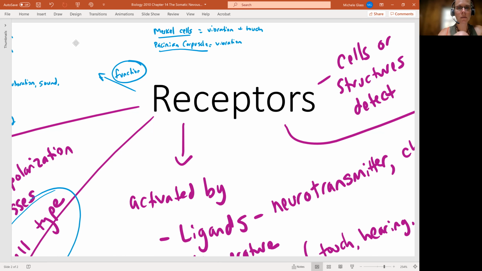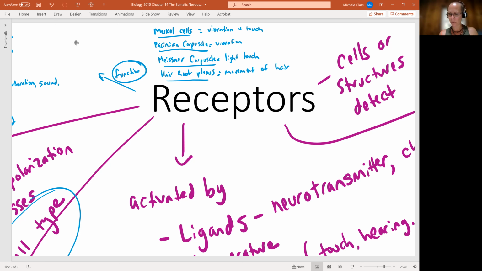We have Meissner corpuscles, which is detecting light touch. We looked at the hair root plexus at the base of each one of those hair follicles. So this is going to be detecting movement of the hair. These are some specific examples of receptors.